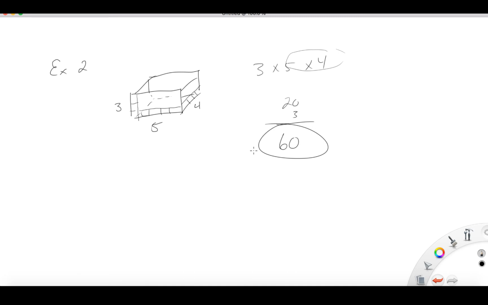Pretty simple. We've got 3 dimensions, and you can see them very clearly in 3 ways: height, base, and now W stands for width. Pretty simple how to do this, but we're going to do a couple of others.